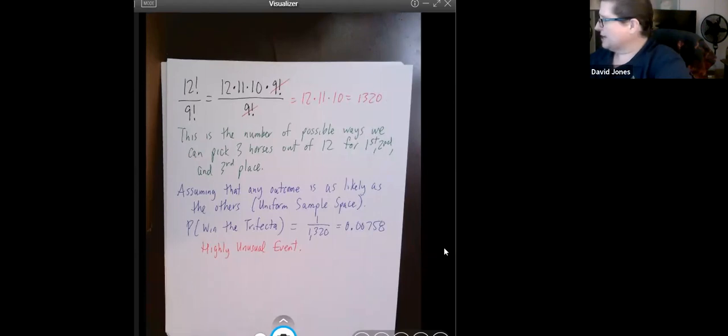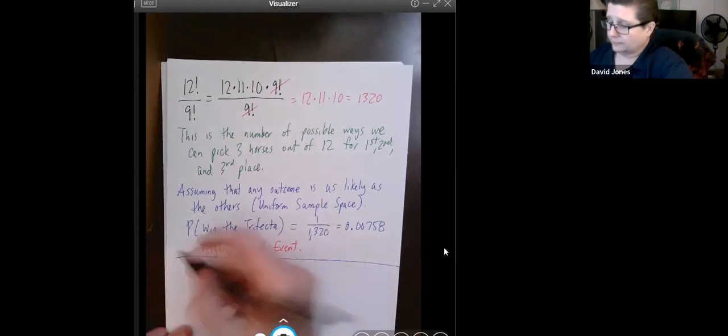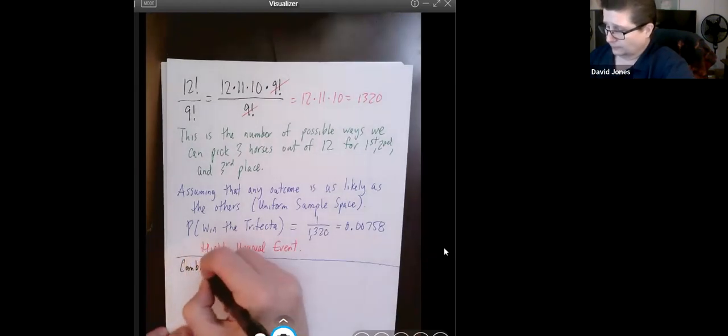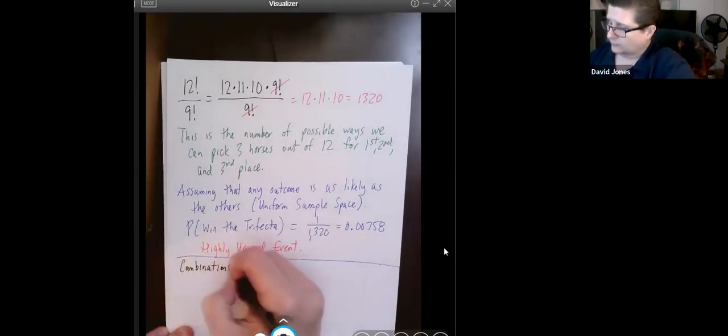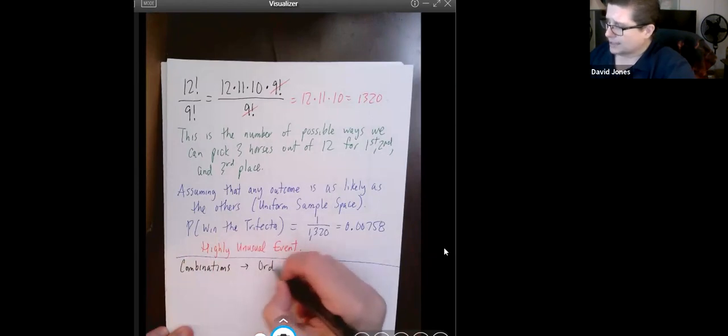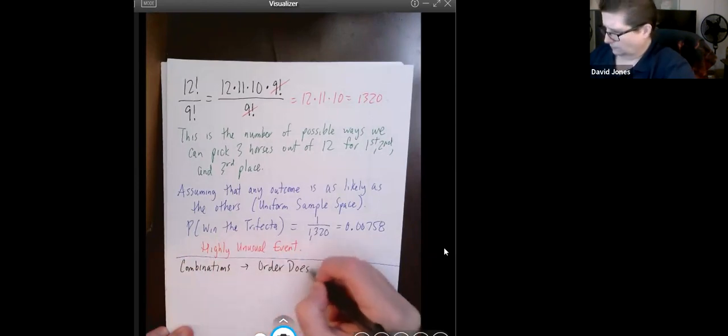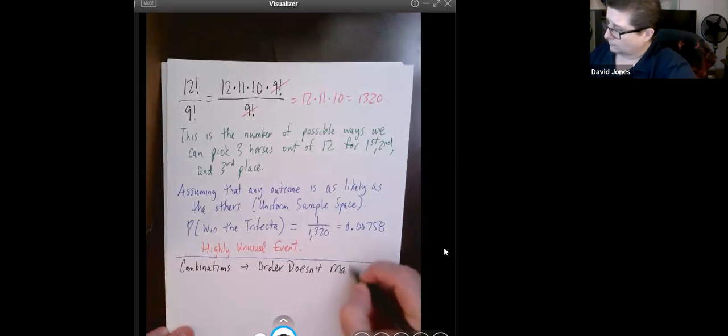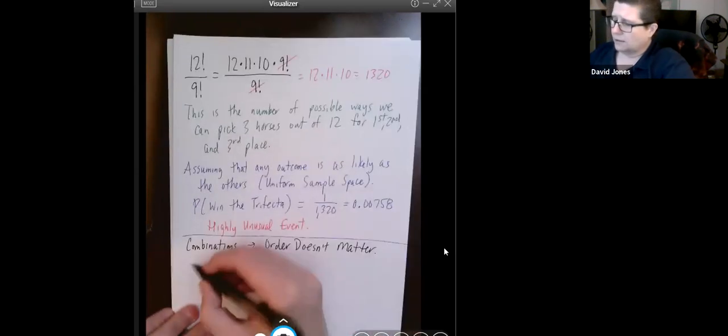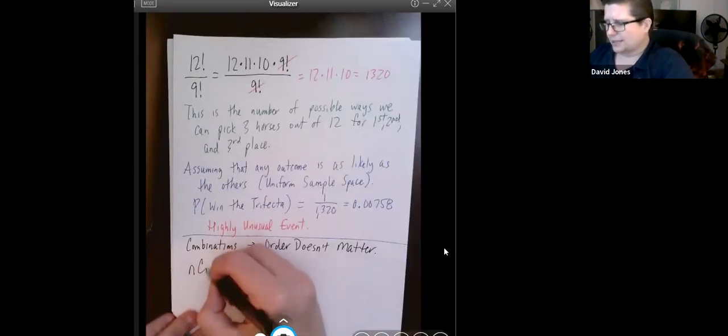So that's permutations. Order does matter. If we look at combinations, order doesn't matter. The n and the r still mean the same thing.